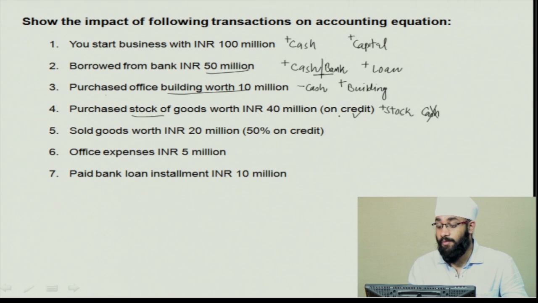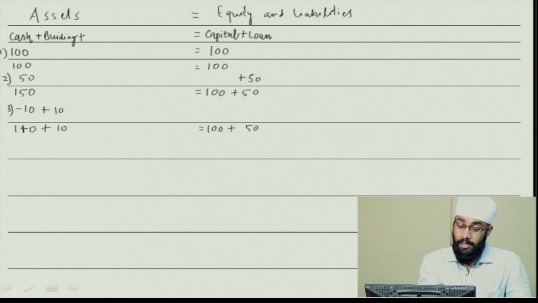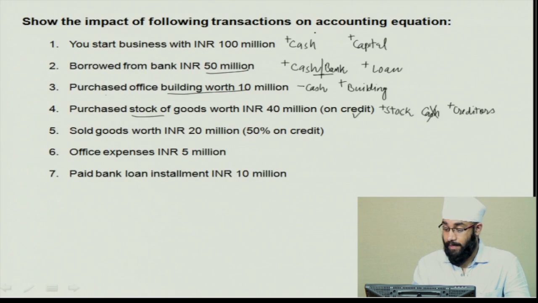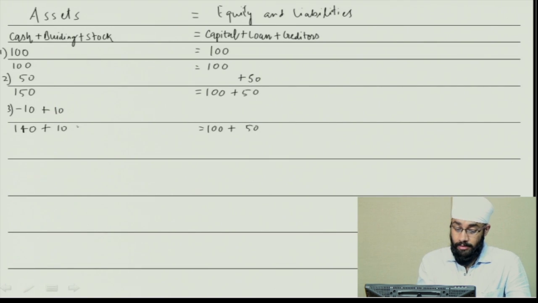And whenever you have to pay cash in future for the goods that you bought now, you have a liability to these people from whom you bought, and these people are called creditors, and the amount for creditors goes up as well. So you have stock going up on the asset side, but you also have an item of liability going up, which is creditors, and the amount is 40 million.